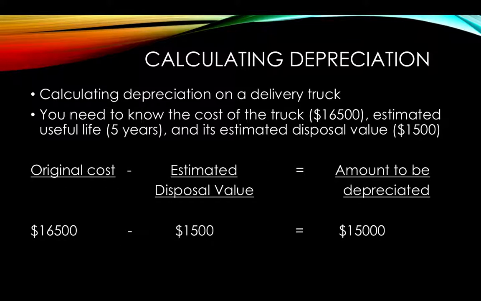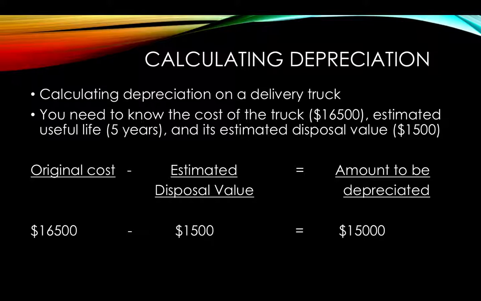Okay, so let's talk about calculating. Let's say we have a delivery truck. Our truck cost us $16,500. It has an estimated useful life of 5 years, and at the end of 5 years, it's going to be worth $1,500. Now, how do they determine the useful life and the disposal value? Honestly, it depends on what you've done in the past, and it also depends on what your competitors do and what they base those items off of.